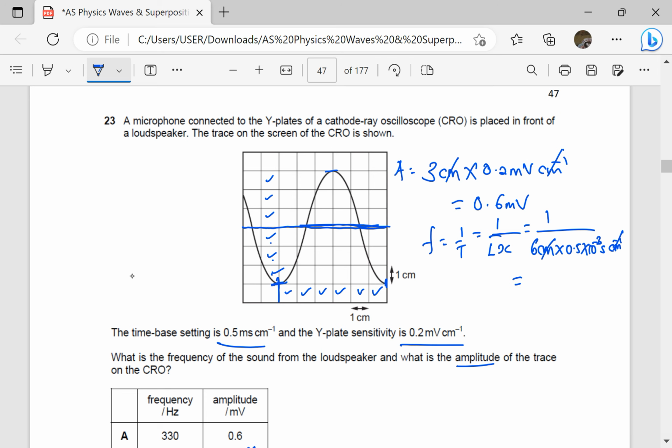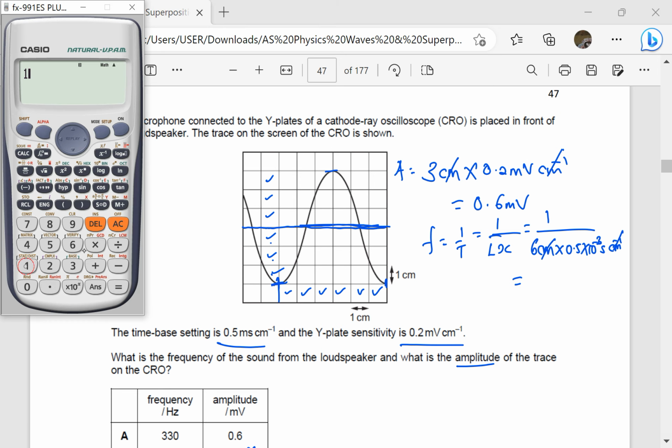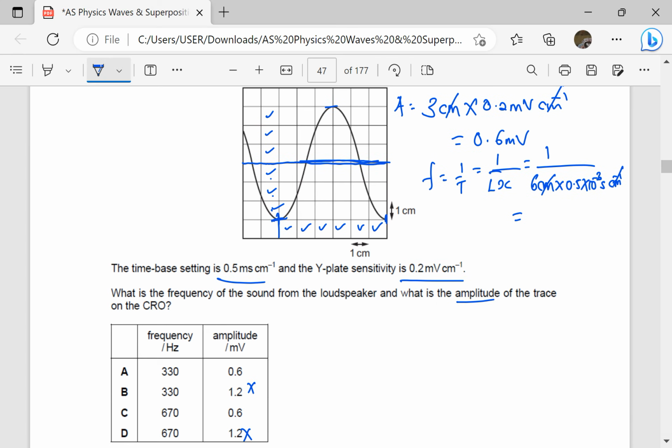So the frequency is simply 1 divided by 6 times 0.5 times 10 to the negative 3. This gives us 333, which is approximately 330 hertz. So the answer is going to be A.